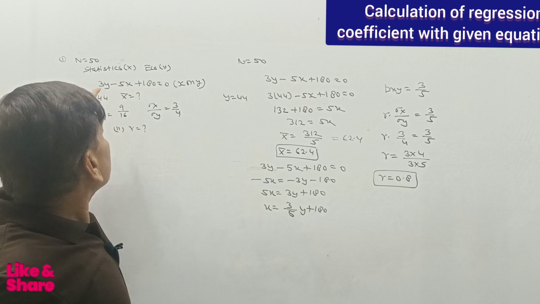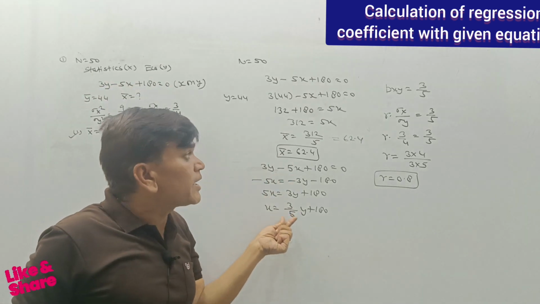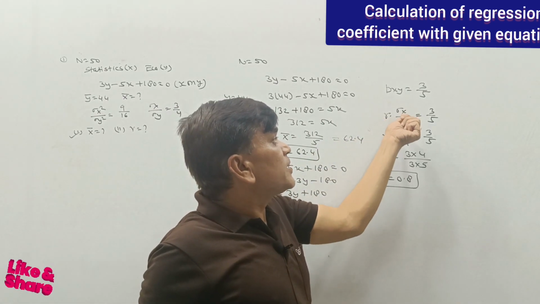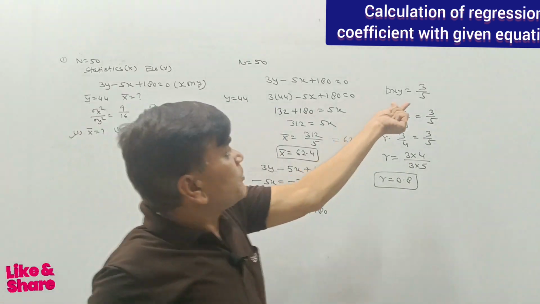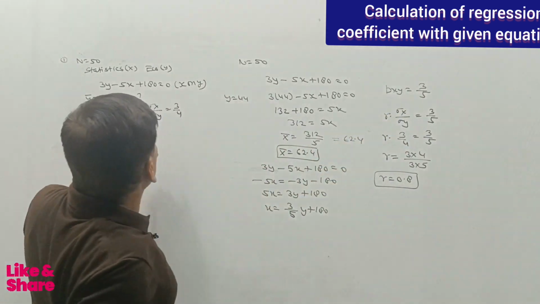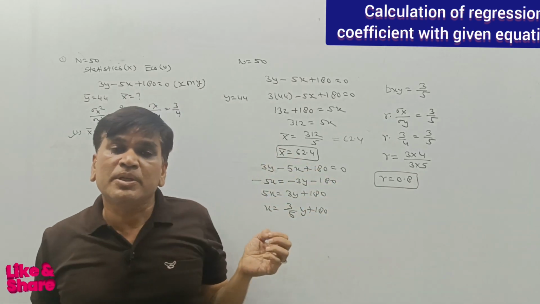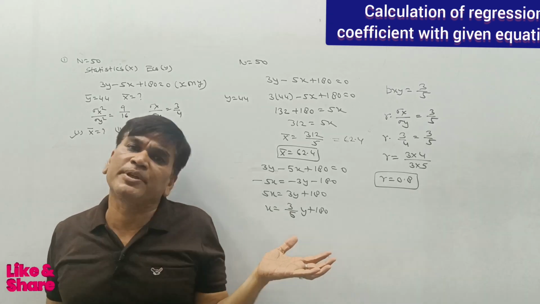Next, this is x on y, so we have calculated bxy, which is r times standard deviation x upon standard deviation y, equal to 3 by 5. By putting the value of standard deviation x upon standard deviation y, we have got the value of r. So if we go step by step, whatever is asked, no problem at all, we can solve it.